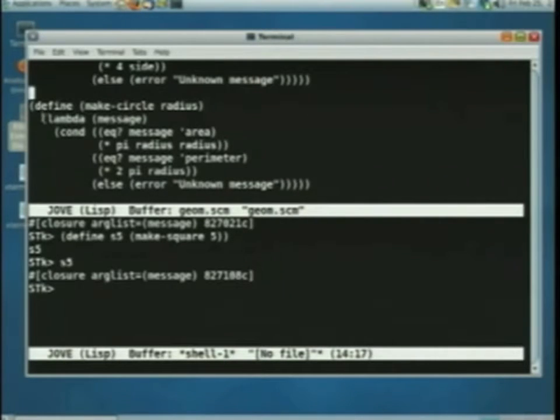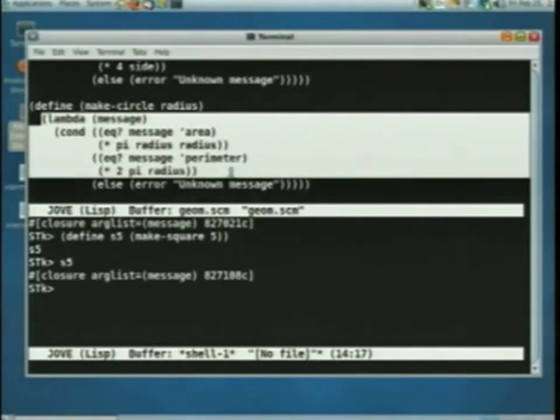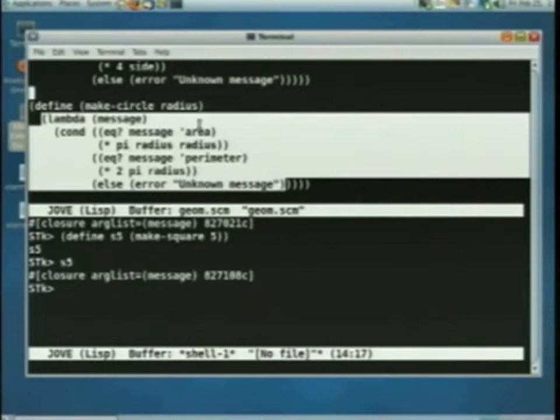It's also creating one of these message passing procedures, except that the formulas are different. They have pi in them. So instead of side squared, it's pi r squared, pi radius squared. And instead of side times 4, it's 2 times pi times radius. Okay? Any questions so far about how we're representing shapes?